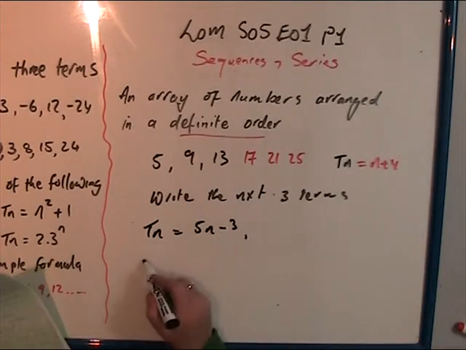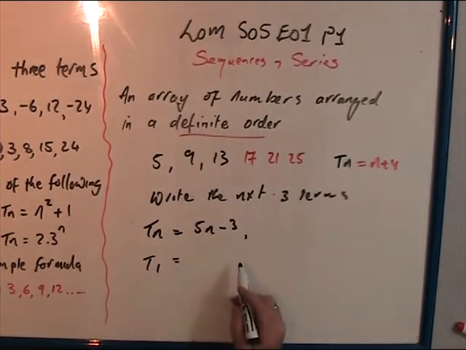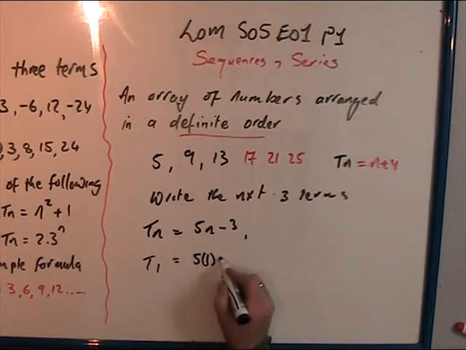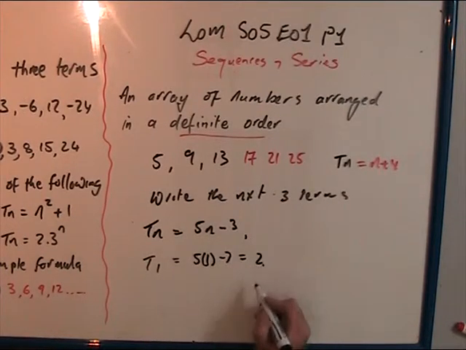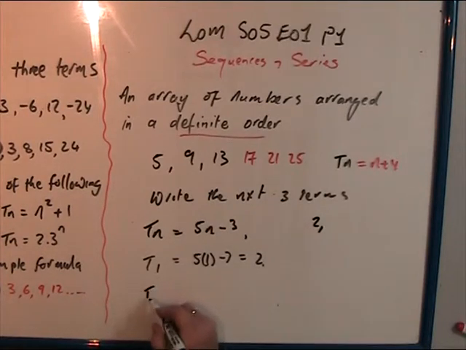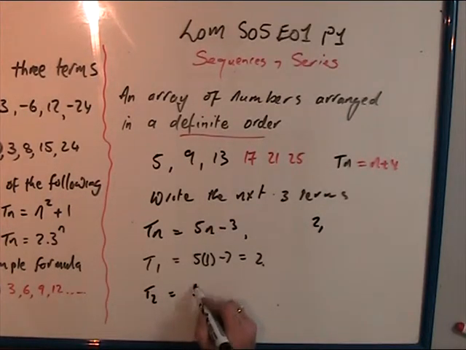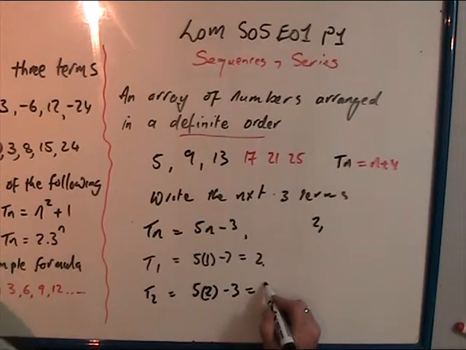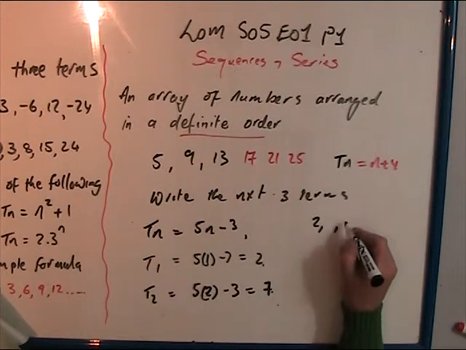I want to find T1 of that. So I put 1 in for n, and it becomes 5 times 1 minus 3, which is equal to 2. So now I've got T1, which is 2. T2 is 5 times 2 minus 3, which is 10 minus 3, equal to 7. So my next term is 7.